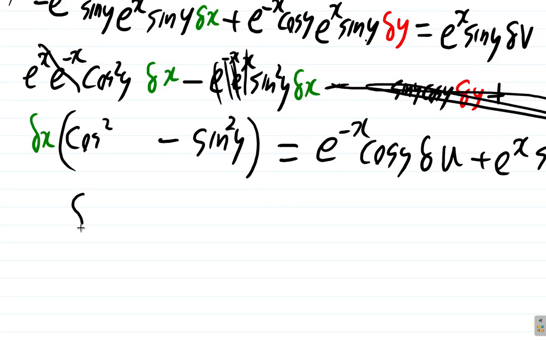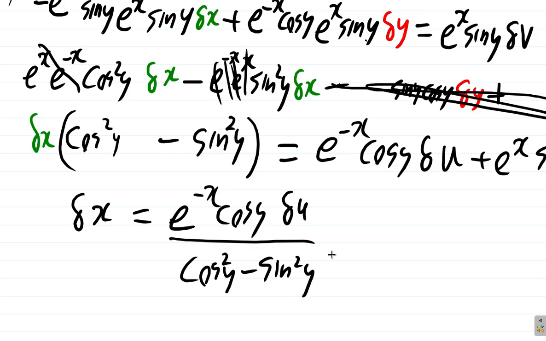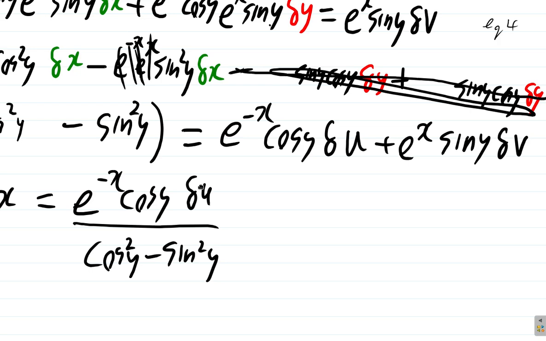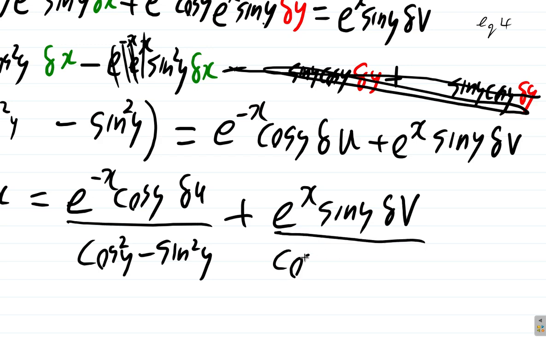So our del x is equal to e to the negative x cos y del u over cos squared y minus sine squared y, plus e to the x sine y del v over cos squared y minus sine squared y.